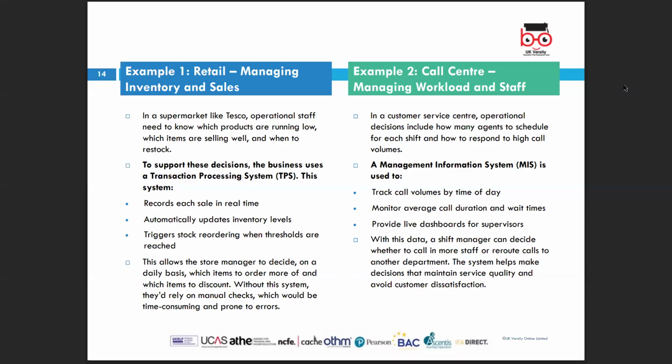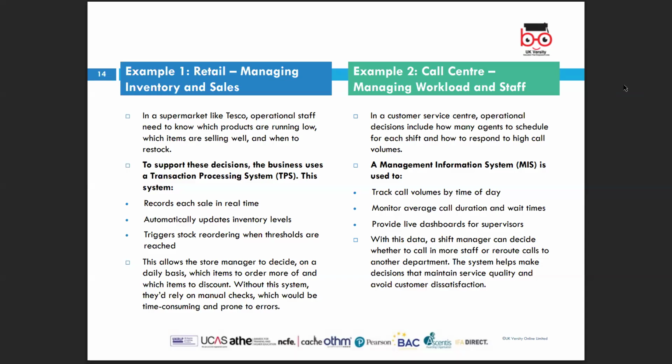Another example could be a call center, where managing workload and staff, with the customer service center, operational decisions can include how many agents to schedule for each shift and how to respond to high call volumes. So what does the management team do in this situation?